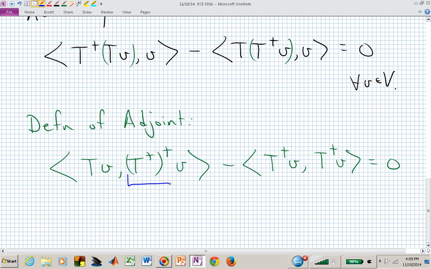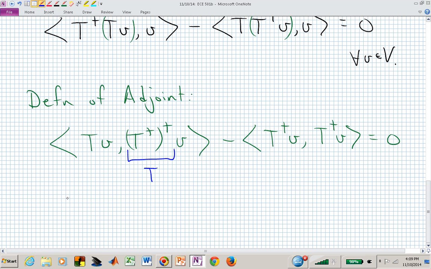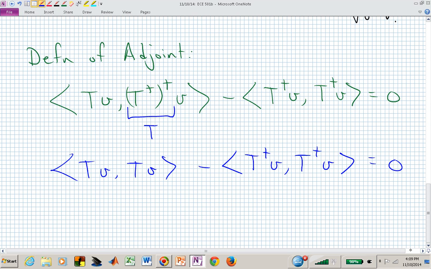What happens when we dagger the dagger? That's just T, isn't it? So now this becomes T, so that we have TV, inner product with TV, minus T dagger V, inner product with T dagger V, equaling 0.